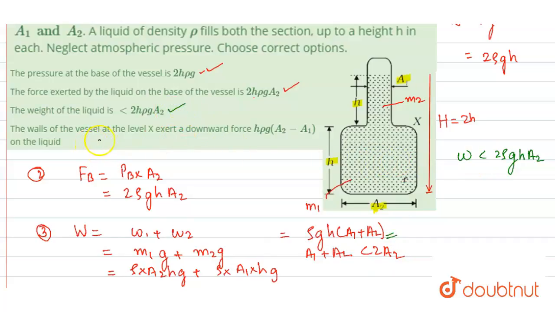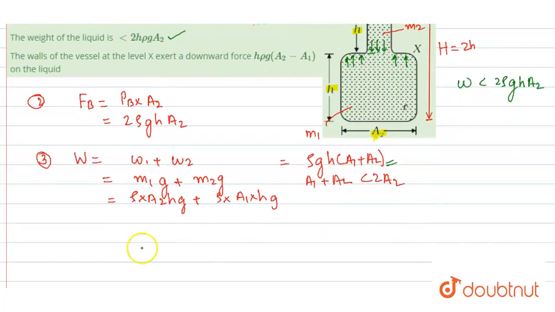Now we have to find whether the walls of the vessel at the x exert a downward force h rho g into A2 minus A1. So you can see here, due to the pressure at this x, there will be a downward force by this liquid and there is an upward force by this part of the liquid, right? So let us try to find the net force.